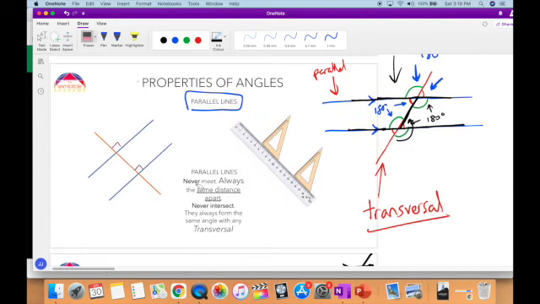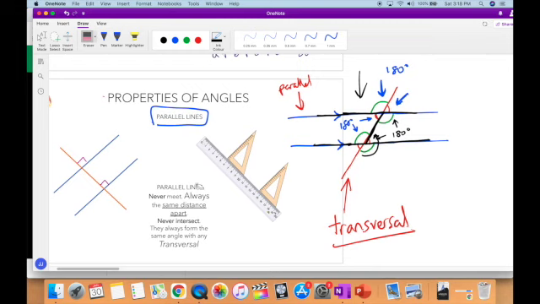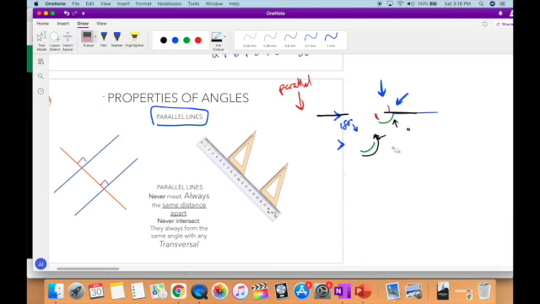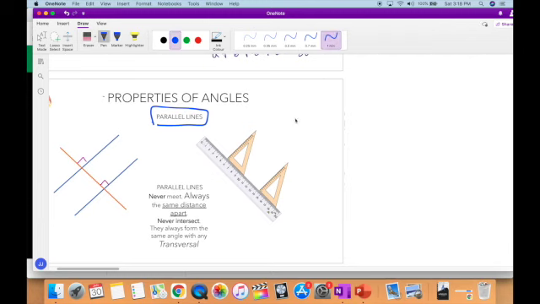Properties of angles when we're talking about parallel lines now, and this is a super important thing. If we have two parallel lines here, if we have a line here, and let's just say I draw a line to cut this line at this angle.